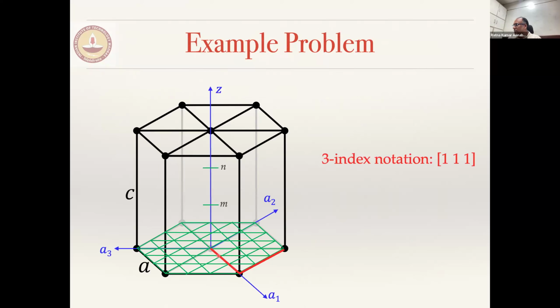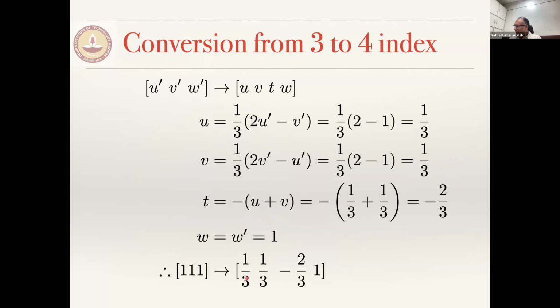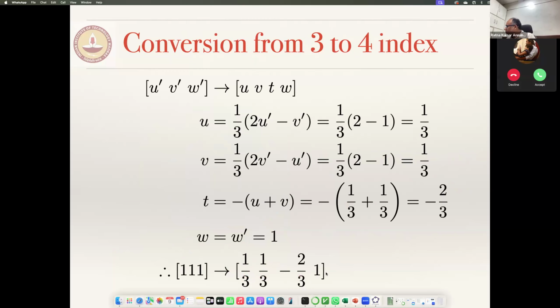Let us look at this. That is our 3-index notation. 1, 1, 1 will be this point. Now in the 4-index notation, I have 1, 1, 2 bar, 3, because I have to multiply with 3, since I cannot have fractions. So this becomes 1, 1, 2 bar and 3.